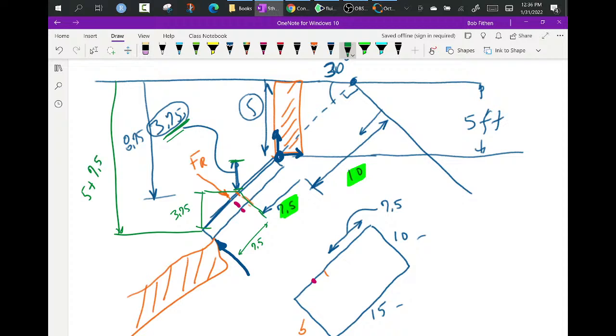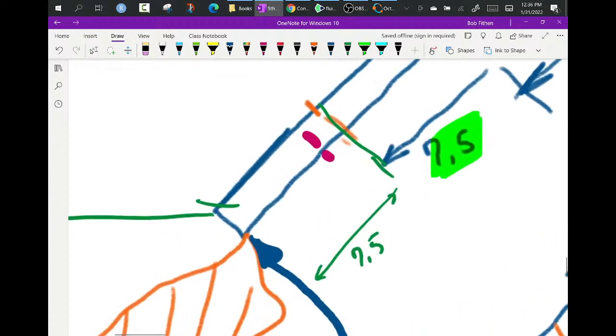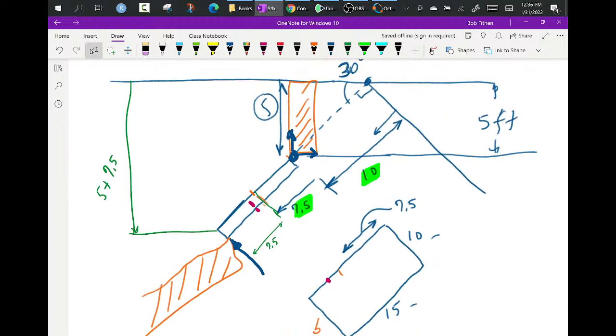Now, let's look at this real close. Okay, I'm going to show you a different way of coming up with the same thing. And I'm going to get rid of that too. Okay. So you got 5 down to here.